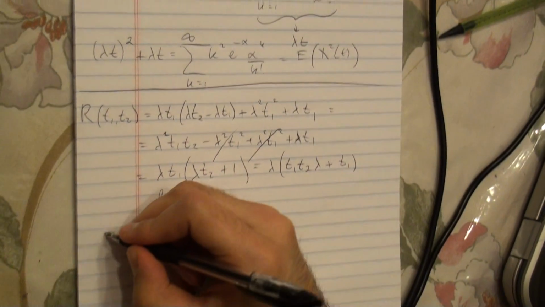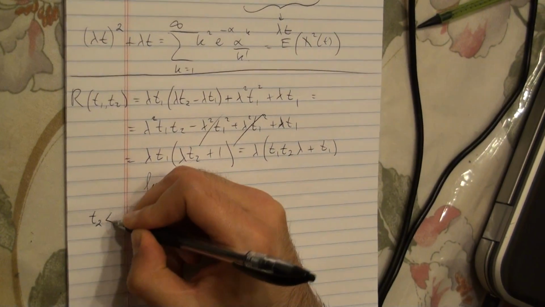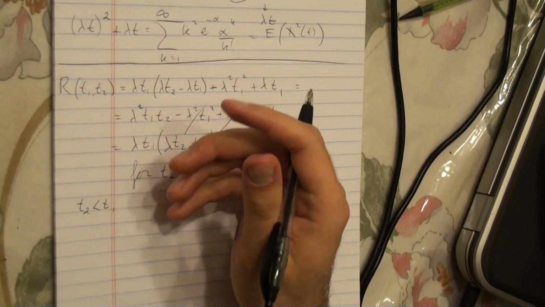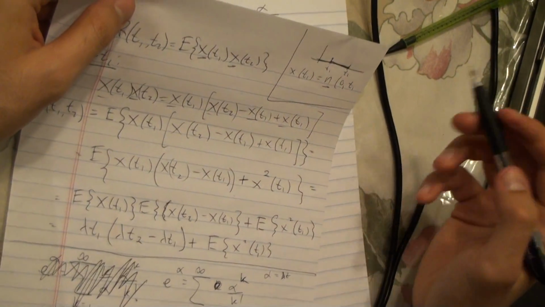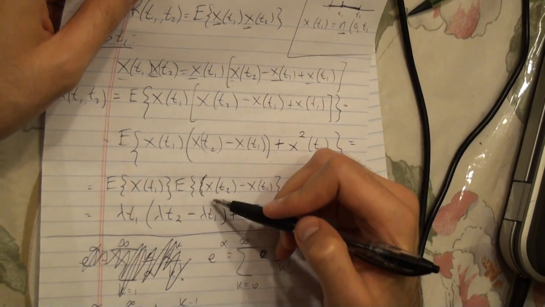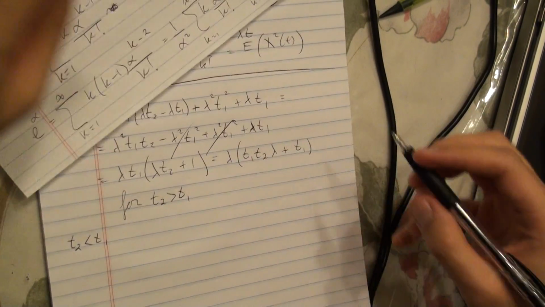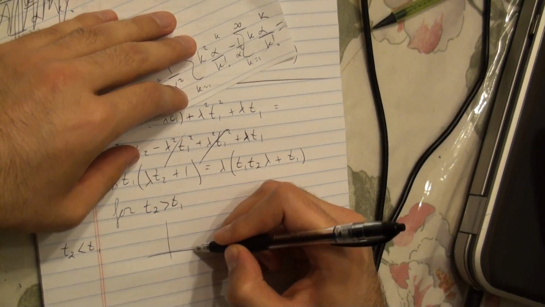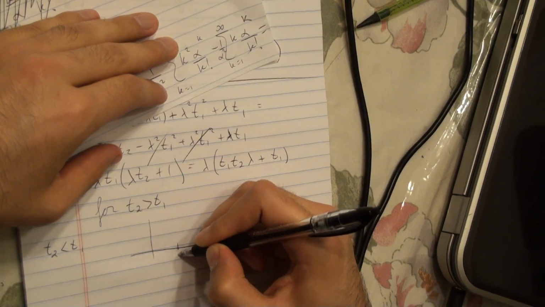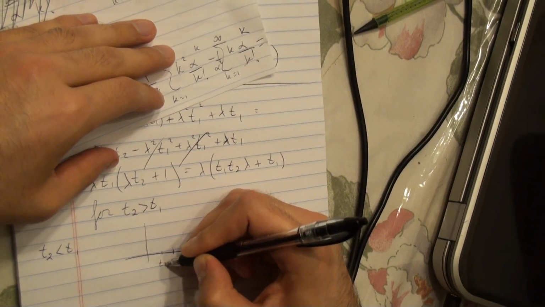Now we also have to consider the case that t2 is less than t1. In order to use the independence, this is t1 and this is t2 now.